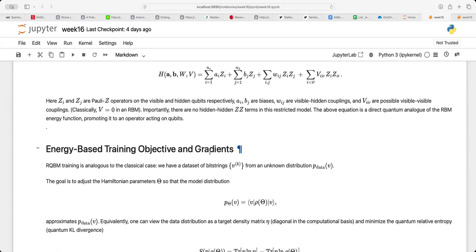And hopefully, this discussion of parameterized quantum circuits in connection with machine learning brings back some of the things which we discussed in connection with the VQE, because that is also a parameterized quantum circuit.